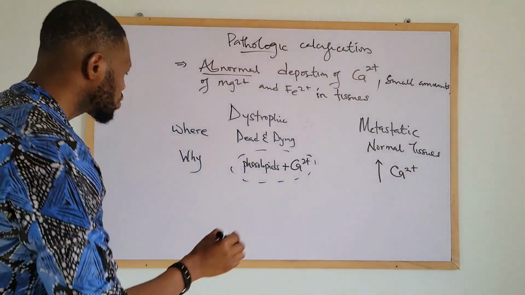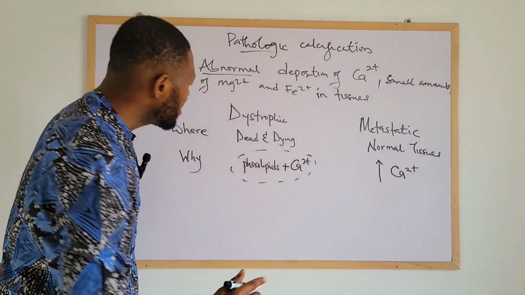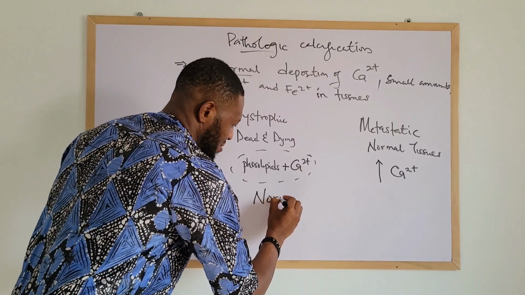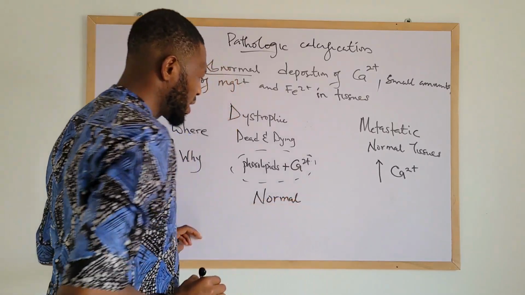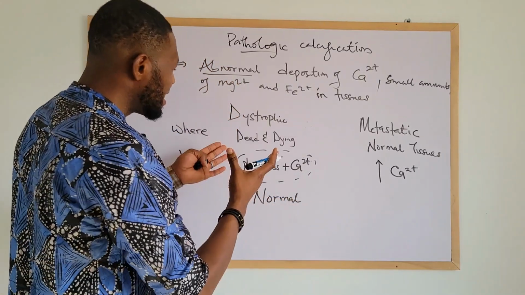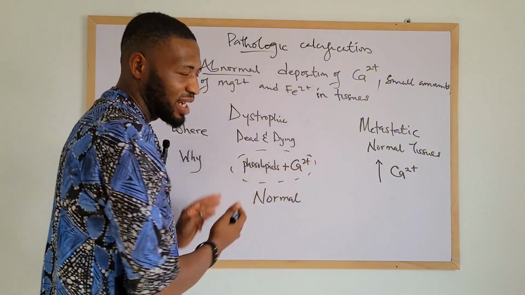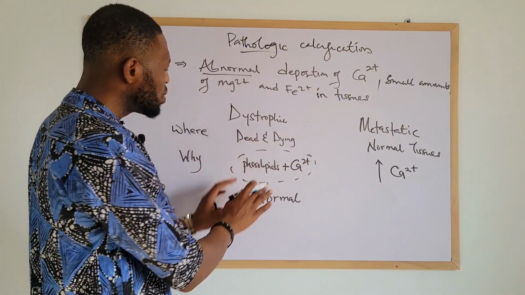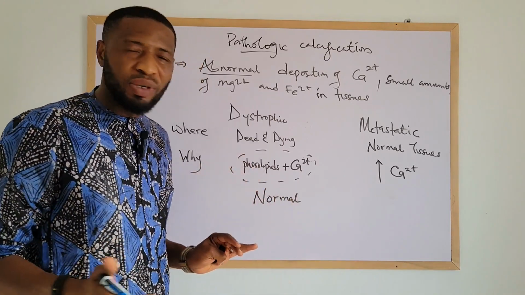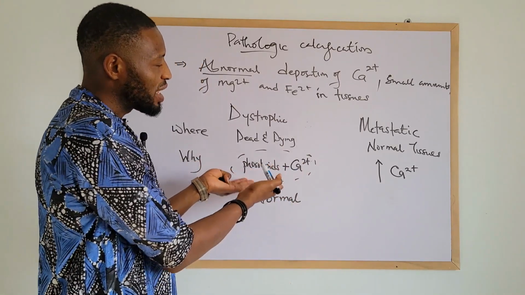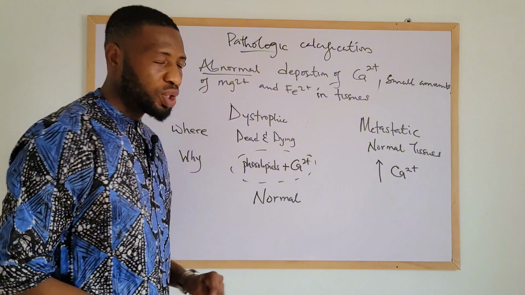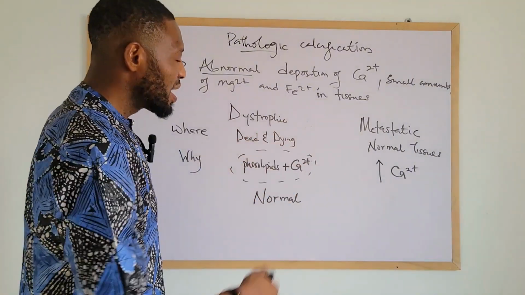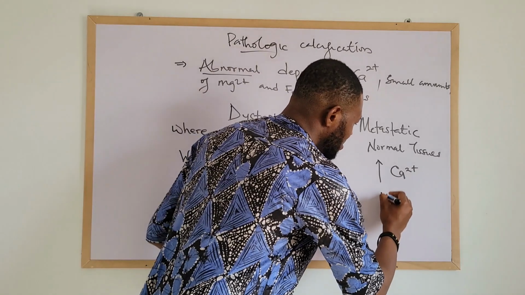Okay, so in dystrophic calcification, calcium levels remain normal, because the dying tissues are the ones that simply attract the calcium. The calcium in circulation is normal, but because these dying tissues expose the cell membrane component that is necessary for calcification, and then calcium joins with them, it leads to calcification. But in metastatic calcification, calcium levels are high.